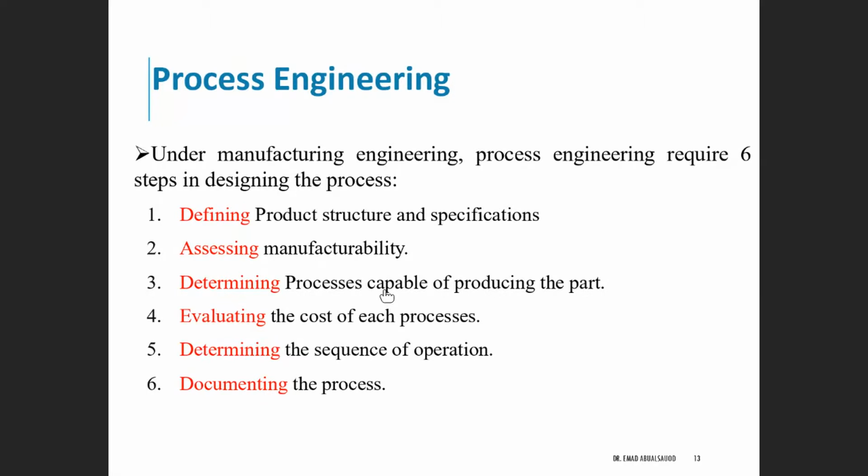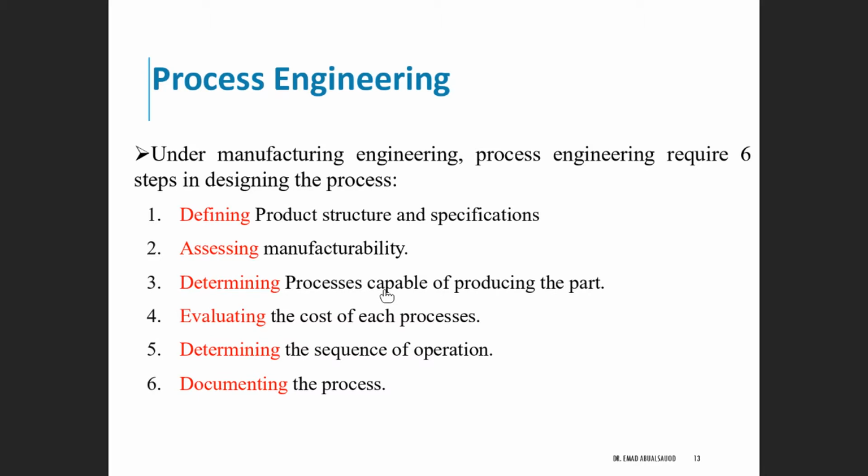We have talked in the previous session in manufacturing systems about the definition of manufacturing engineering and how it focuses on the design of the process that produces a product. Also, we have talked about product design and manufacturing engineering, how they interact with each other, and what the difference between them is.